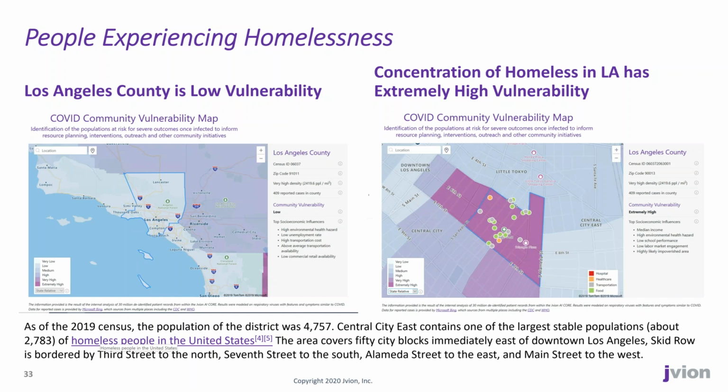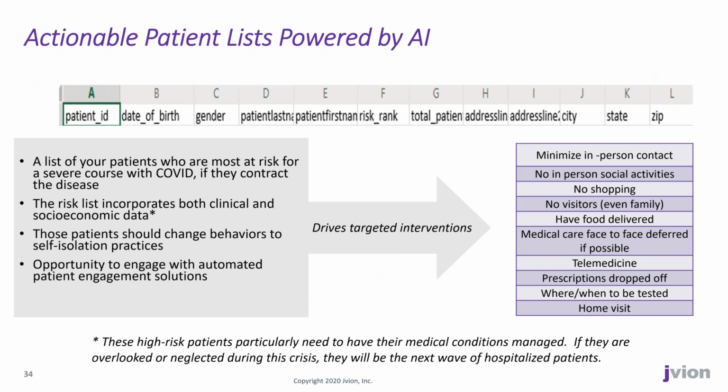After we completed this work and we had our understanding of our ability to do this risk stratification, we dug in with our clients and produced an actual patient list, a COVID prevention list, as we're referring to it. And we're able to rank order the patients at highest risk for hospitalization or mortality if they contract COVID-19.